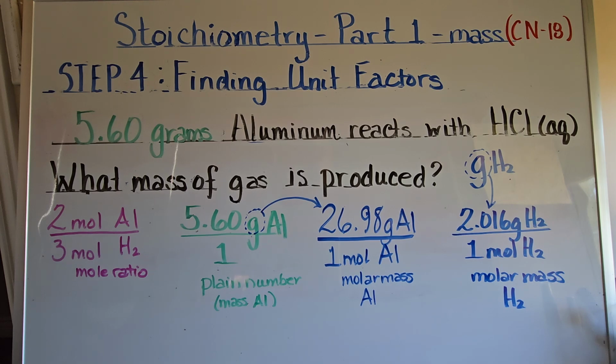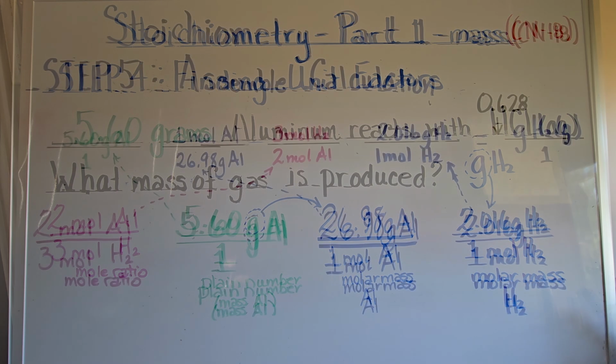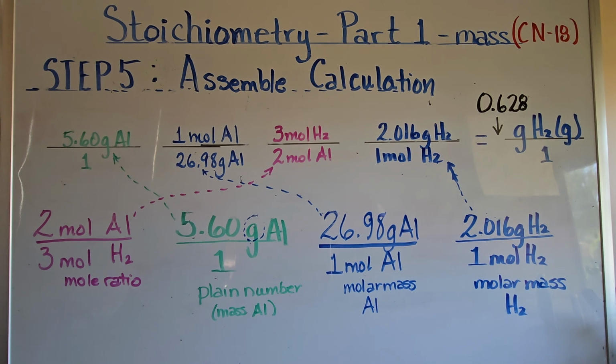We will be doing step 5, putting together our unit factors to assemble our calculation. Now to step 5, assembling our calculation. Let's remember our overall goal for our calculation. We have units and label of an answer right here on the right-hand side.